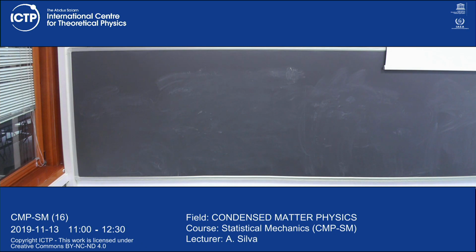So in particular, B1, you remember, was just a volume, right? So therefore, B bar 1 is going to be 1. So this is the first thing.